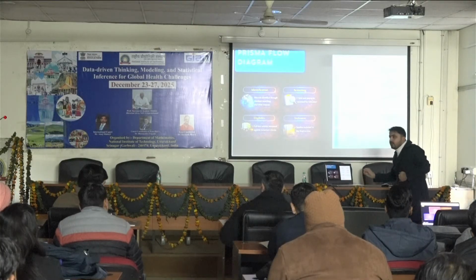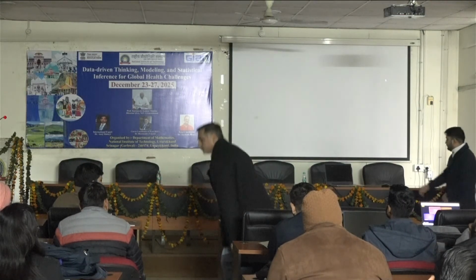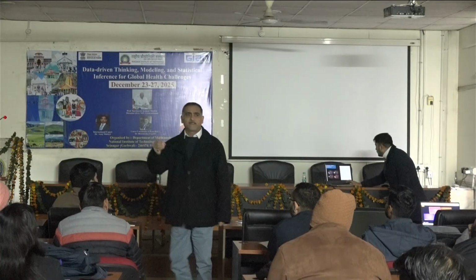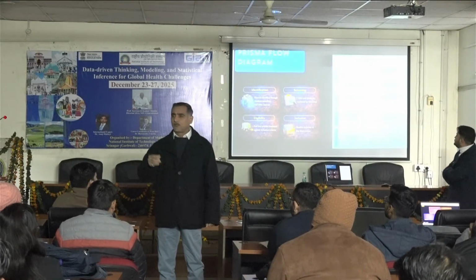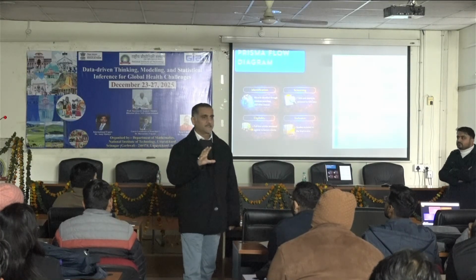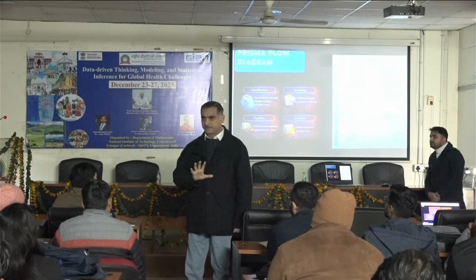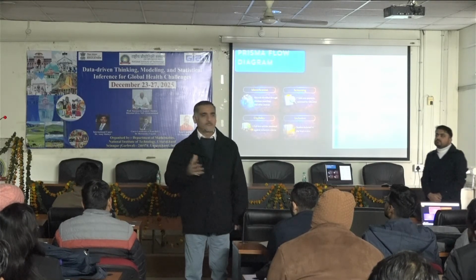One more thing. This diagram is not needed if you are quickly doing a short review for getting an estimate of a parameter, or you are doing a quick review for getting background information for your introduction, or an evidence gap or research gap. There is no need to make this diagram.